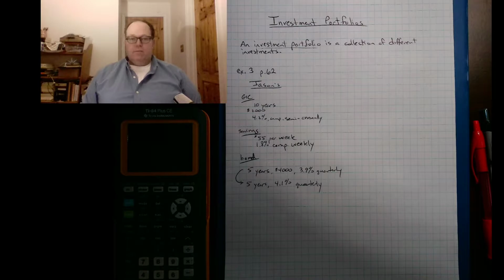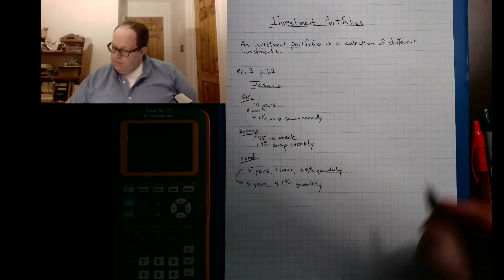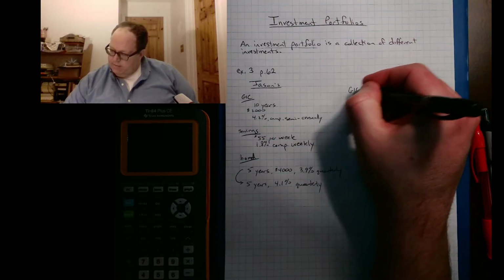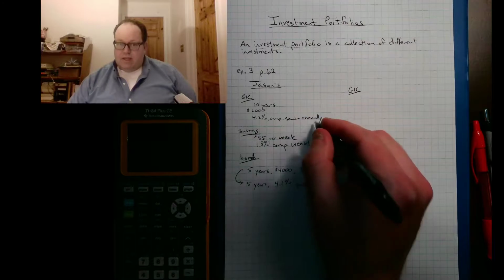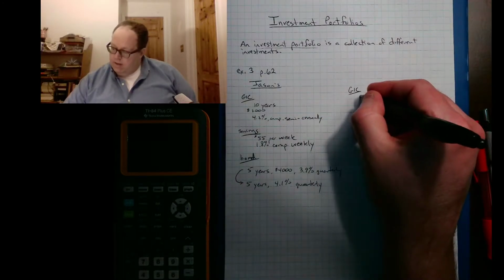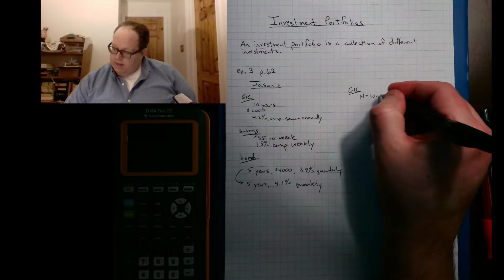Okay, so our first goal is going to be to figure out how much Jason's portfolio is worth, and then we'll talk a little bit about Malik's. So, the GIC. Since this is compounded semi-annually, the end value is going to be 10 times 2, or 20.